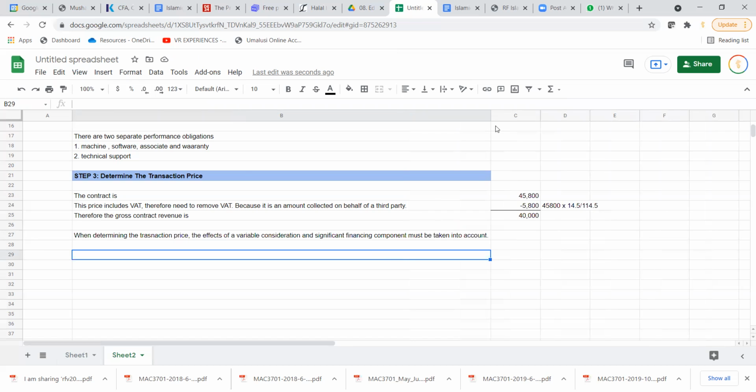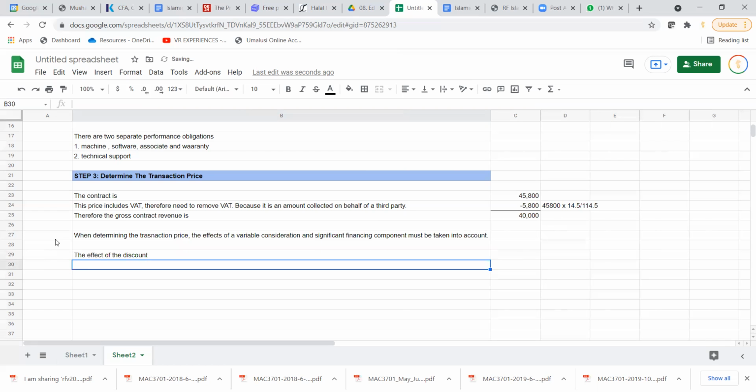The discount is a variable consideration. Okay, so the effect of the discount. In the scenario, they told you there will be a 10% discount on the contract price, as well as a 5% discount on the machine.